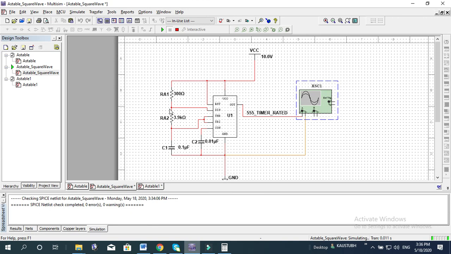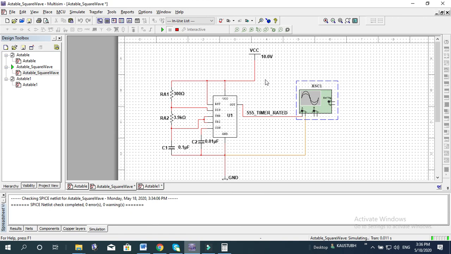By tuning the potentiometer, I can tune to the perfect square wave. Also at that point we have to connect one decoupling capacitor, from VCC to ground, around 10 microfarad, then we can make it an almost perfect square wave.